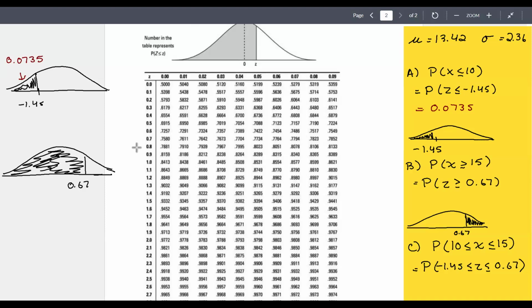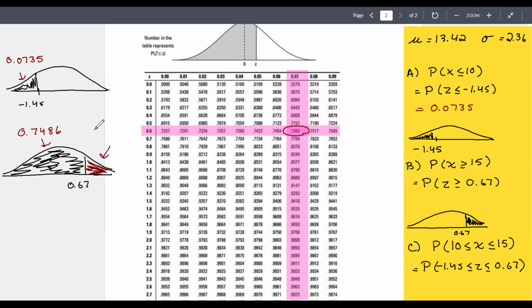So if we look for that area to the left, we need that 0.6 and then that 0.07, and we see that the overlap is going to be here at 0.7486. So this area less than the z-score of 0.67 is going to be 0.7486. So we need the area that is over here actually.